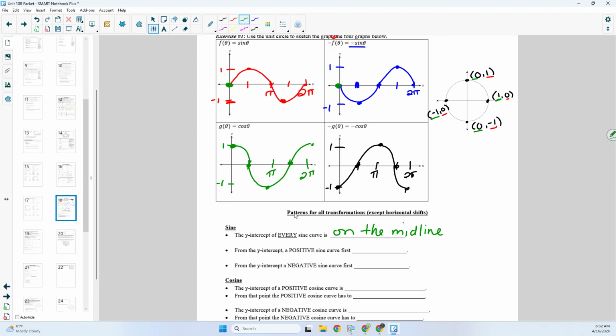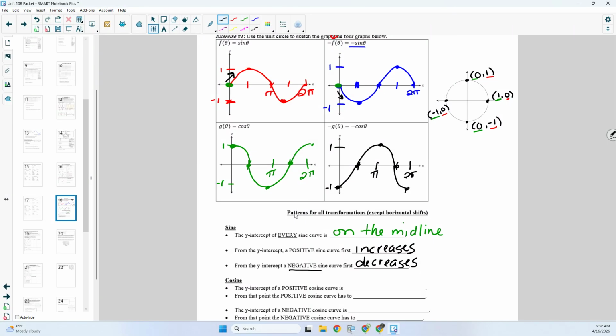So where do we go from there? We're starting in the middle, and we have to decide, do we go up or down? If we have a positive sine curve from the midline, the graph first increases or goes up. And if I do a negative sine curve, the graph first goes down or decreases.